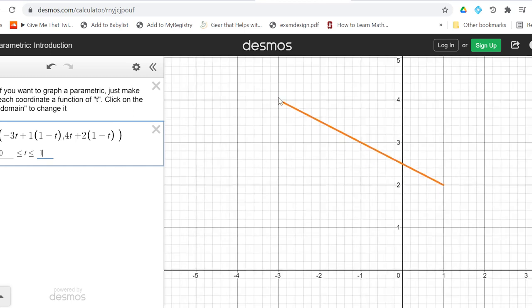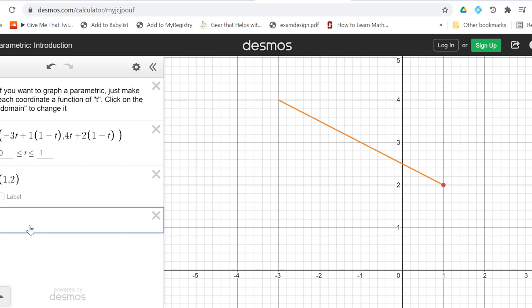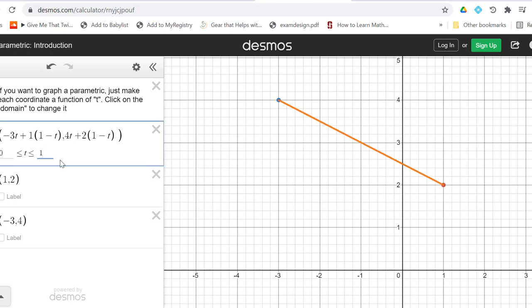Okay, so looking at our point, let's make sure that our points are where we want them to be. We wanted to be at 1, 2, and -3, 4. Okay, and then let's make sure that this got graphed in the correct direction by restricting our domain a bit here for our parameter. So we'll go from t 0.25, then to 0.5, to 0.75.